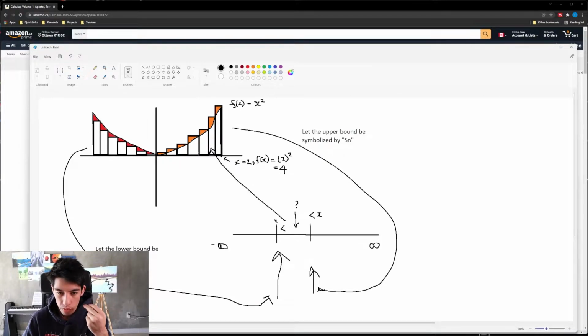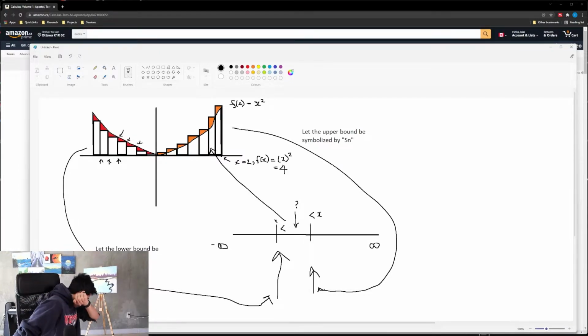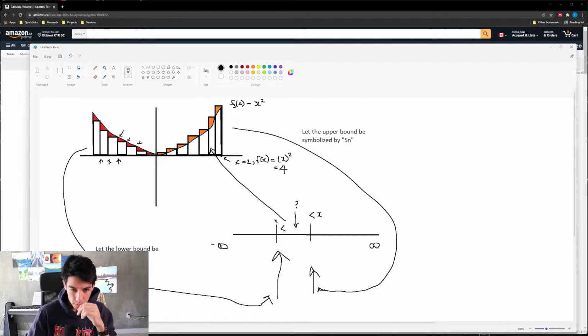So if we find the x values of any of these rectangles, we can calculate the height of the rectangle using the x squared definition.